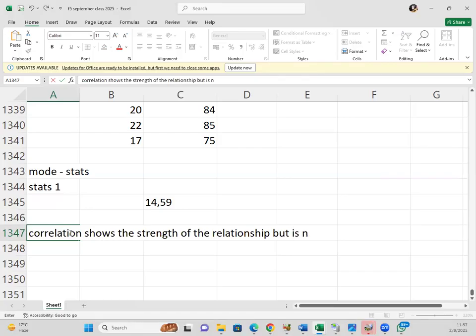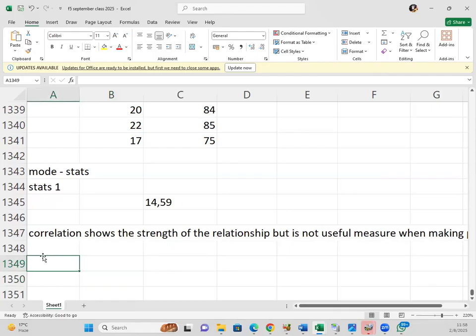But it's not a useful measure when making predictions. So when we want to make predictions, regression and correlation is not the best measure to use.